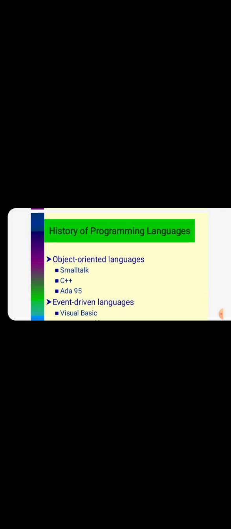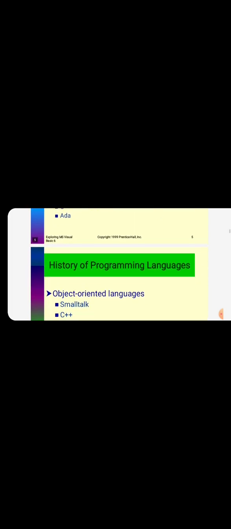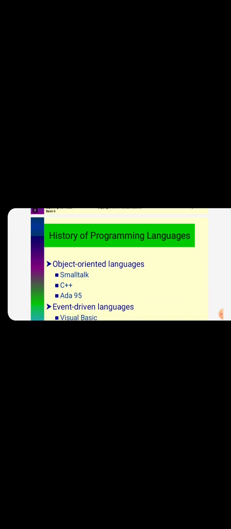Machine language is for each computer processor, procedure-oriented covers Fortran, COBOL, Pascal and C, object-oriented means Smalltalk, C++ and Ada, and event-driven means Visual Basic and other visual languages.